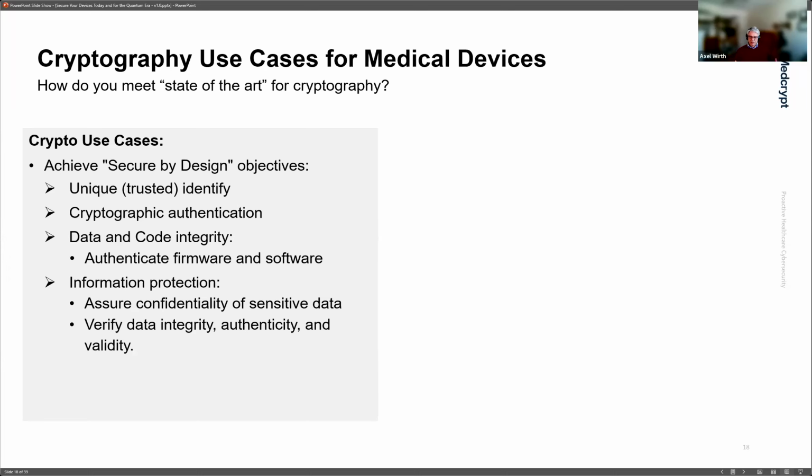Cryptographic authentication is the extension of that identity function. Overall data and code integrity, which includes, but is not limited to, authenticating your firmware and software.